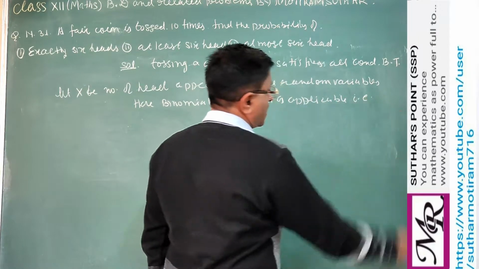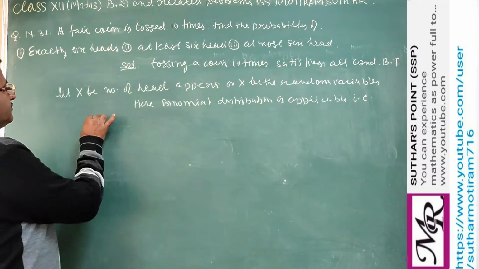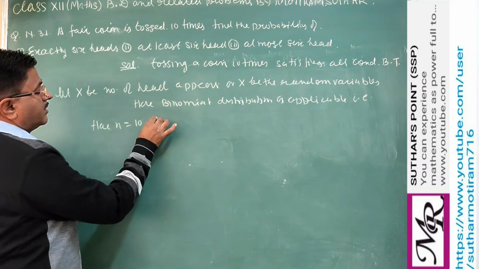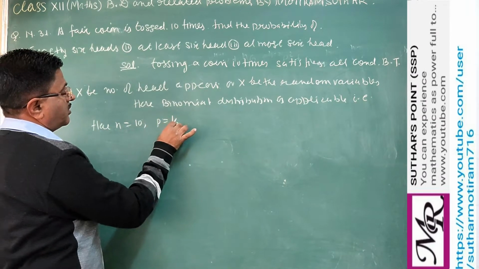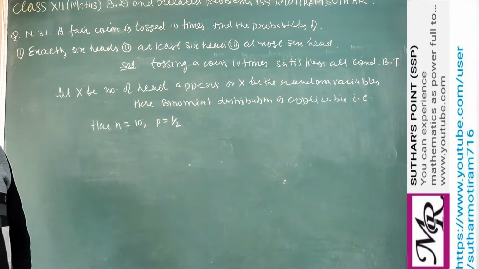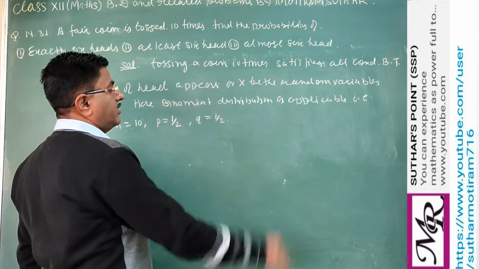That is, here n equal to the number of trials, 10 times. The probability of success, meaning probability of getting head, is 1 by 2. So the probability of not getting head is also 1 by 2.